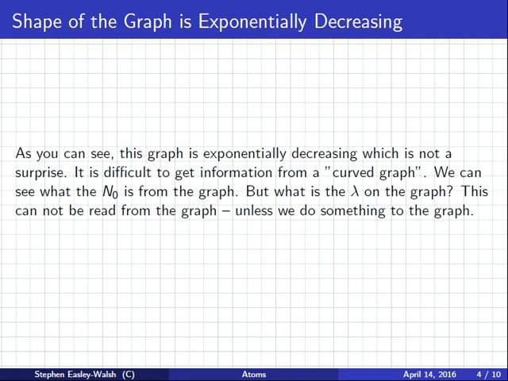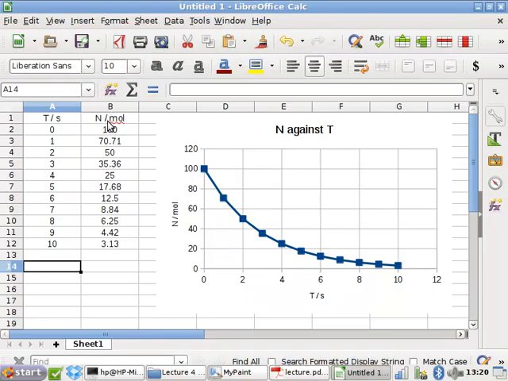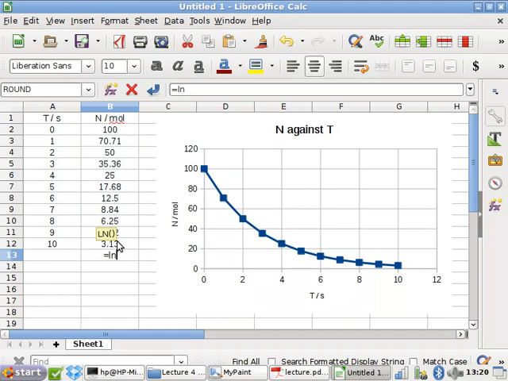A equals minus lambda N. Yes. Continuing? So A is not constant. Correct. Okay. Let's take the log of N and see what happens. Okay? So, if I log all of these, let me just get that there.